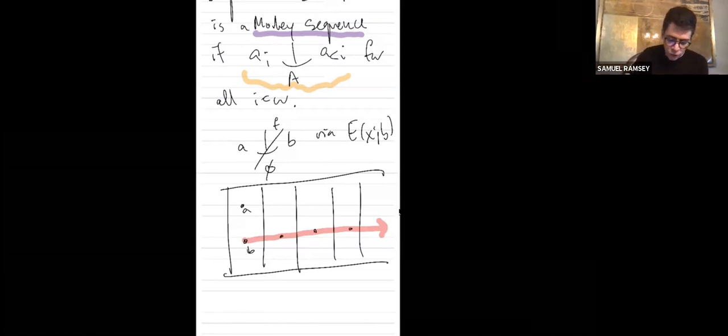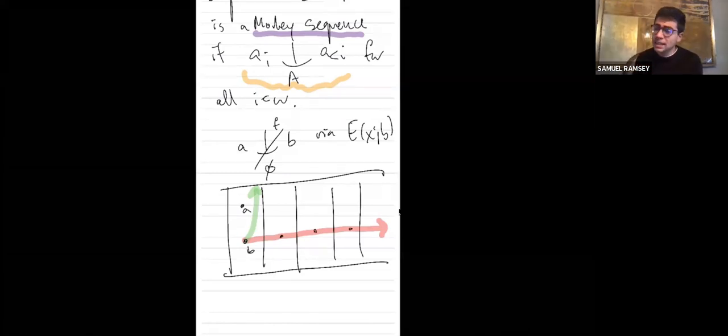Now, if we chose a different sequence, which lived inside this class, then this formula E(x, b) would be consistent along that sequence, because what would it say? I'm equivalent to this, I'm equivalent to this. Any element of that class will do, because they're all equivalent. It will satisfy all of those formulas.